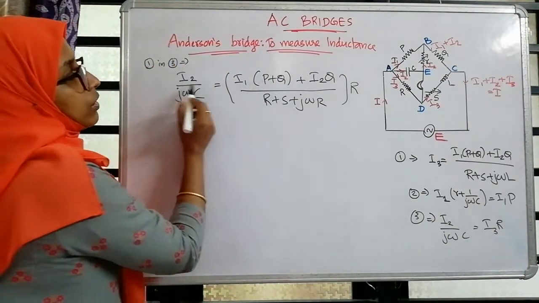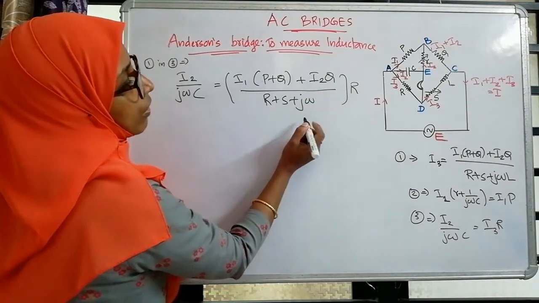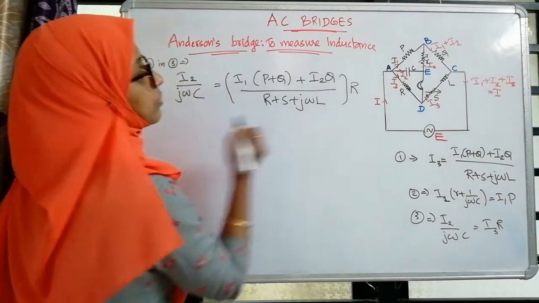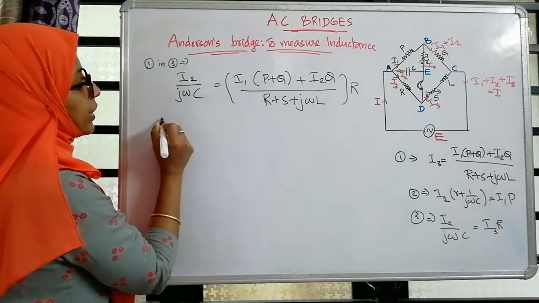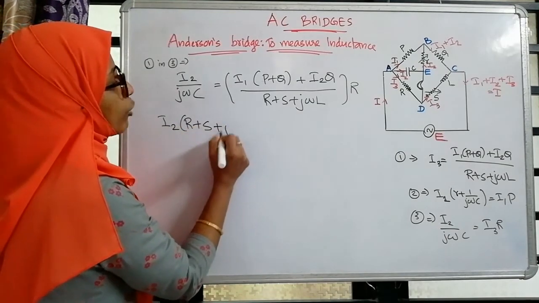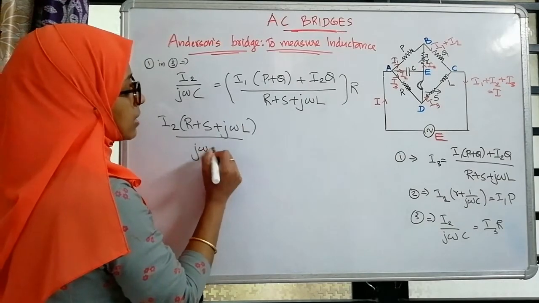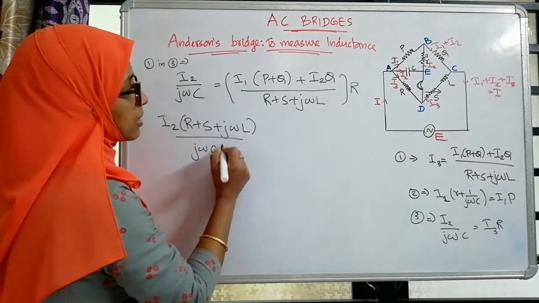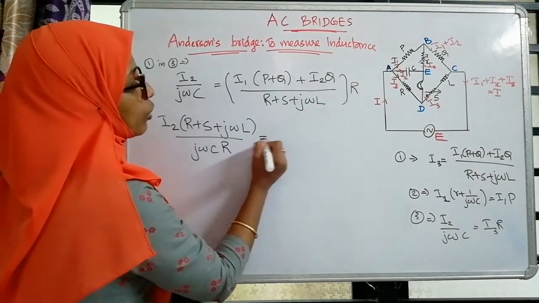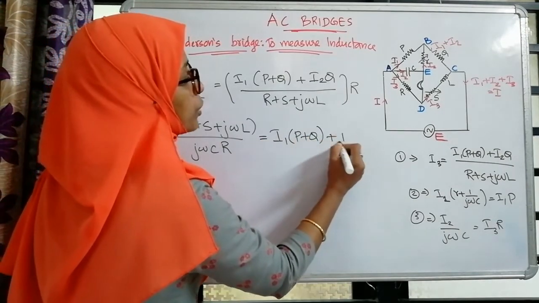So I am going to rearrange it: I2 into (R plus S plus j omega L) divided by j omega C, and cross multiplying this R, is equal to I1 into (P plus Q) plus I2 into Q.